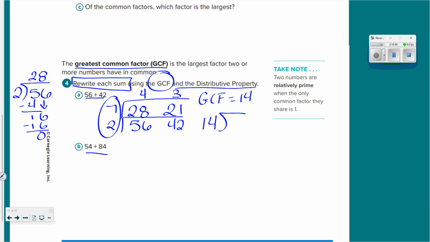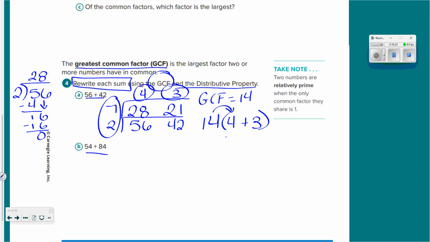Guys, it's only the numbers on top. 4 plus 3. 14 times 4 is 56. 14 times 3 is 42. It gives us the same answer. Make sense? GCF goes outside the parentheses and the numbers on top go inside.